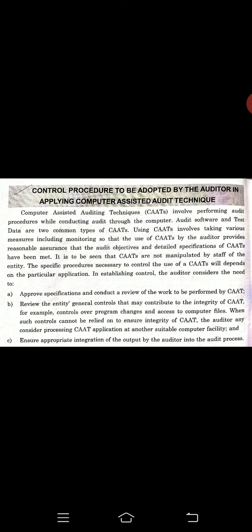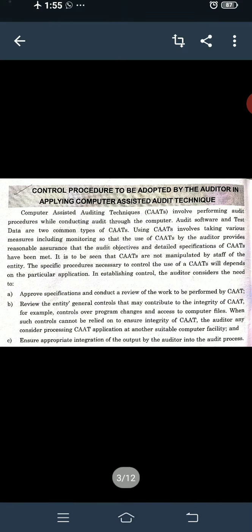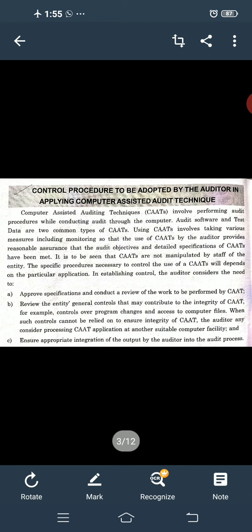If they put passwords and similar measures, then there will be control of the programs and files. When such control cannot be relied on to ensure the integrity of the CAAT, the auditor may consider processing the CAAT application at another suitable computer facility.